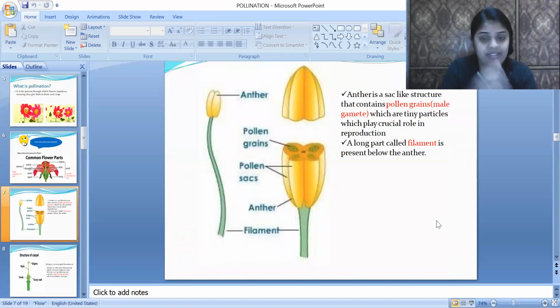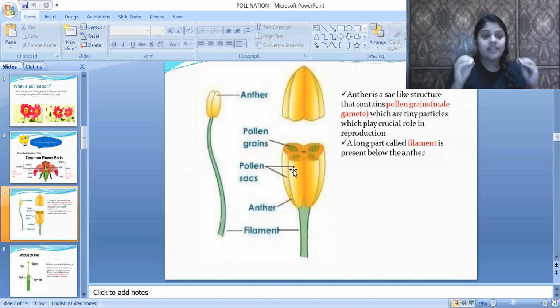As you can see in the picture, this is the stamen. The stamen consists of the anther and the filament. The anther is a sac-like structure which contains pollen grains. What are pollen grains?